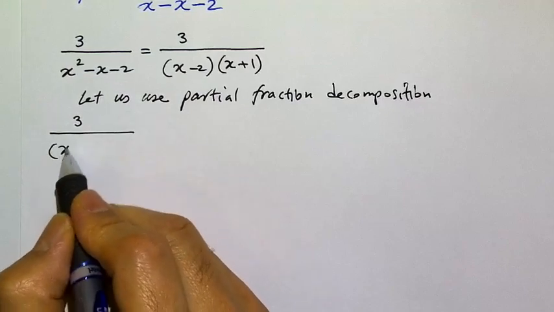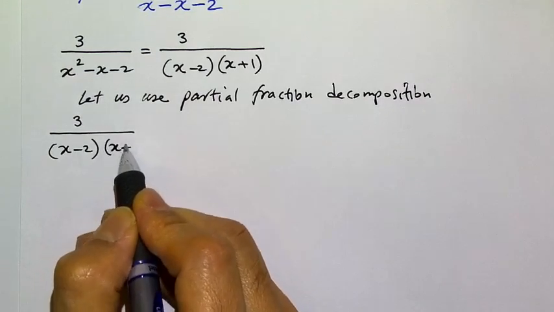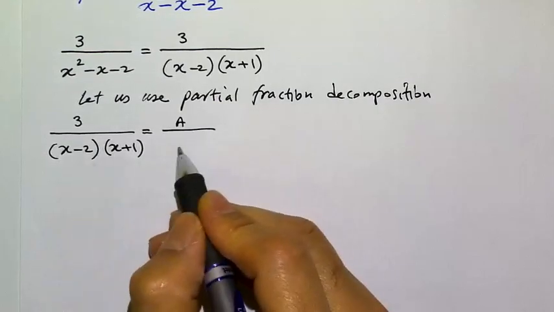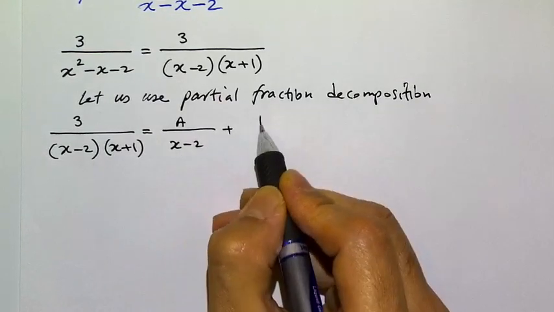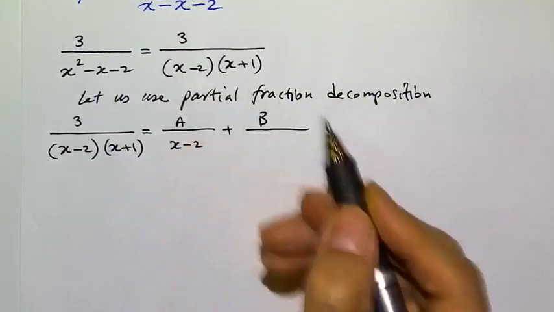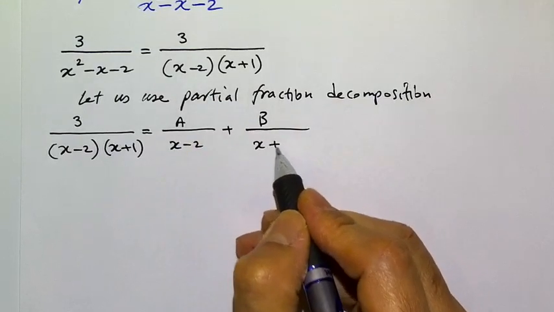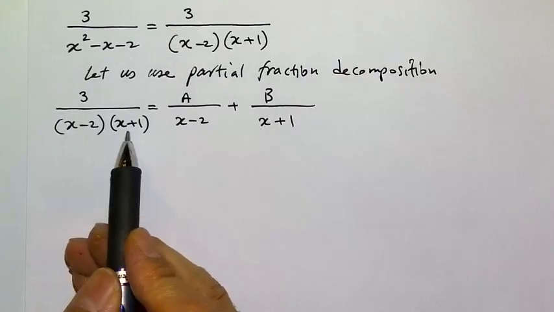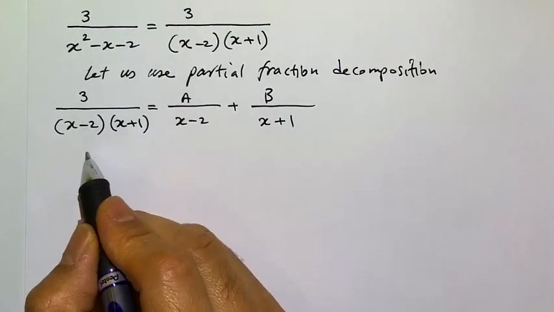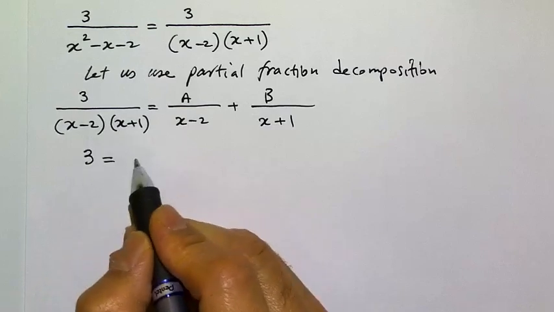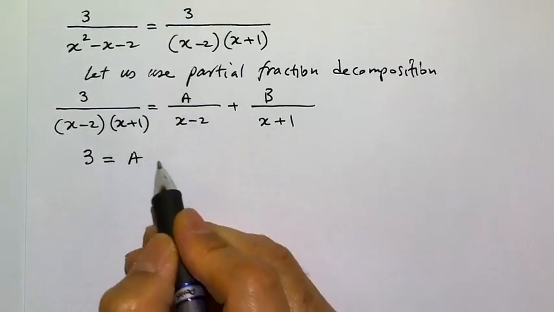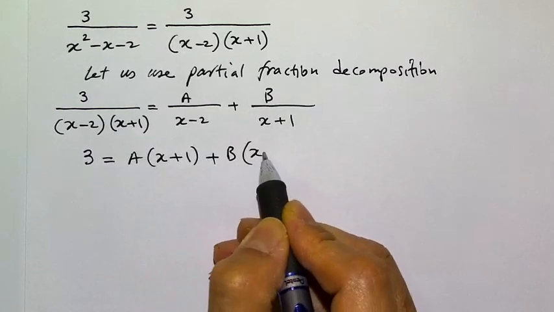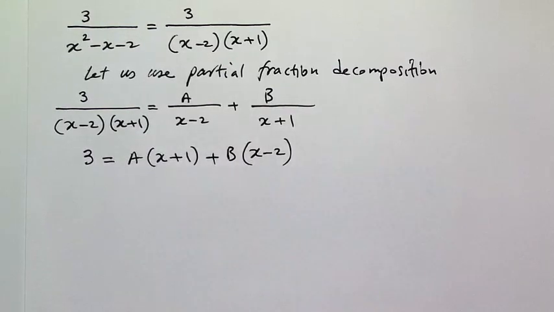So this fraction can be written in terms of a over x minus 2 plus b over x plus 1. These are easy factors to deal with. Okay, multiplying both sides by x minus 2 times x plus 1, the left-hand side, we get just 3, equaling a times x plus 1 plus b times x minus 2, of course.